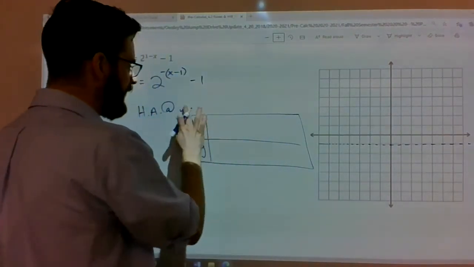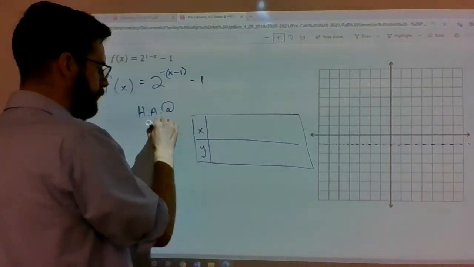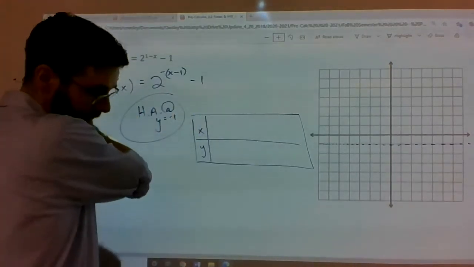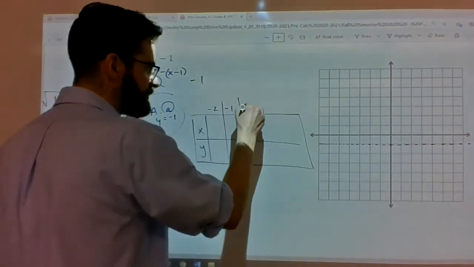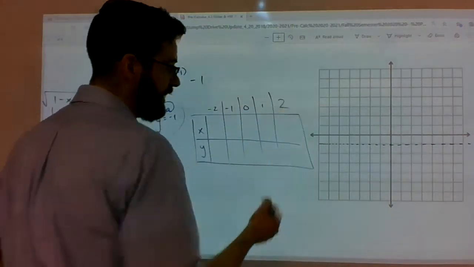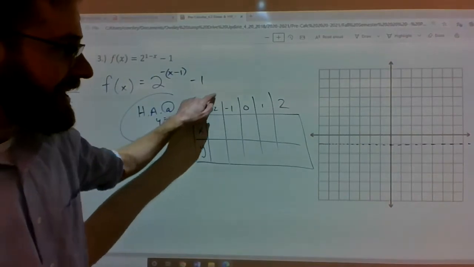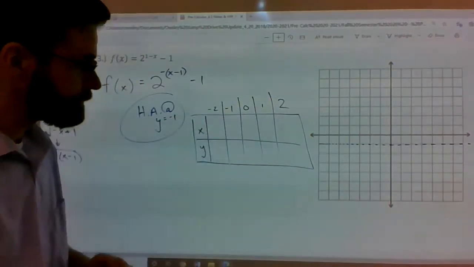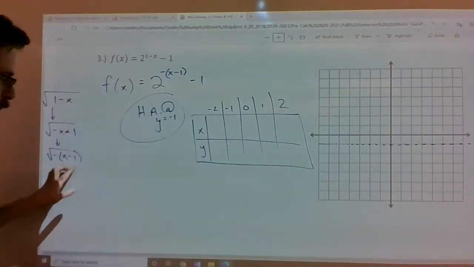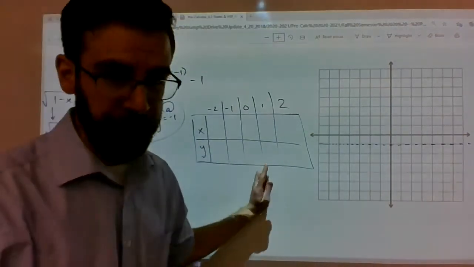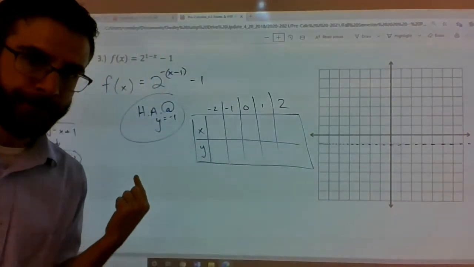So we would normally have a horizontal asymptote at y equals negative 1. You got that piece of information. So negative 2, negative 1, 0, 1, 2. Are we going to change these x coordinates? Yeah, we're going to change them because it's shifting right 1 and it's reflecting that way.